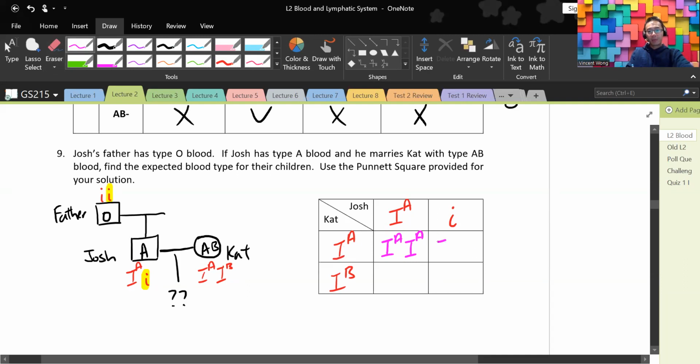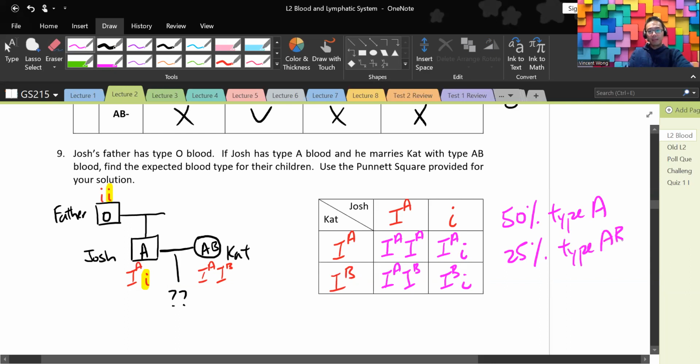These two combined would give you IA small i, IB small i. Right? So there will be a 50% chance of type A blood, 25% chance of type AB, and another 25% chance of type B blood. Does anyone have any question about this?